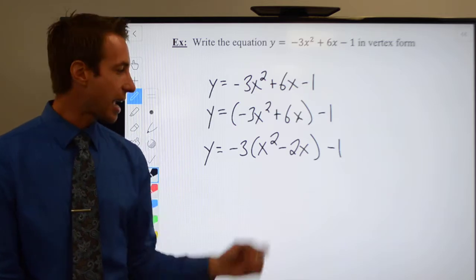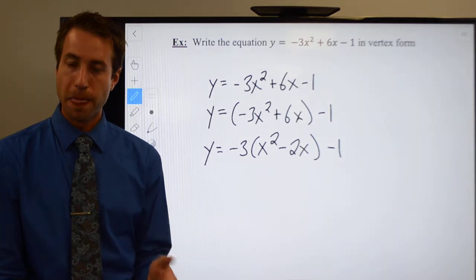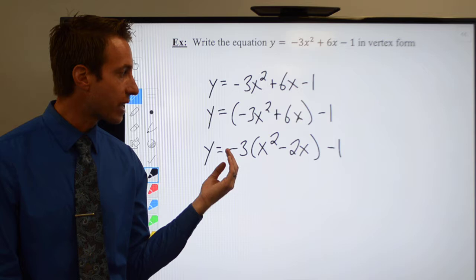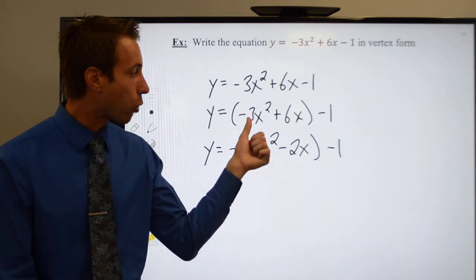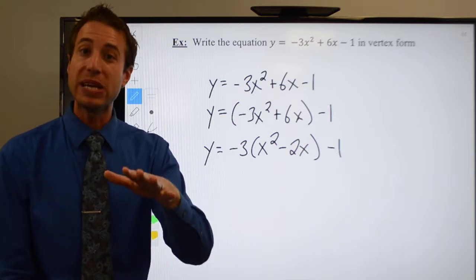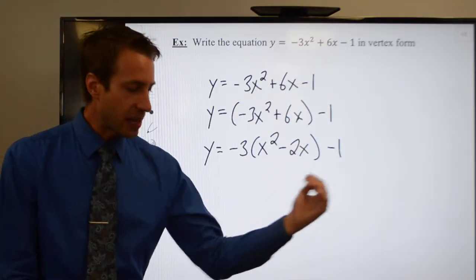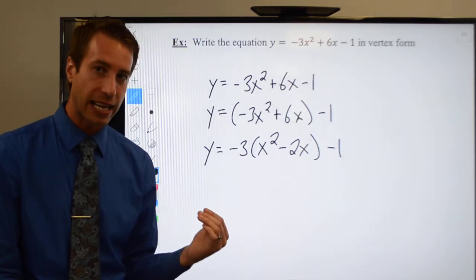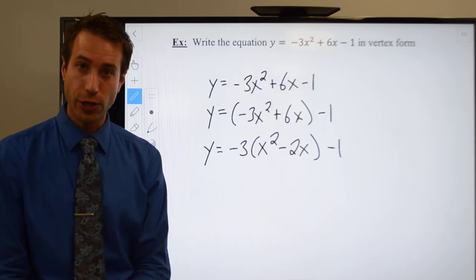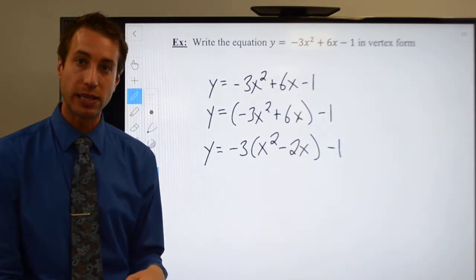Well, what I've now done is I have a leading coefficient of 1. But here's what's happened. I have pulled a negative 3 out of both my quadratic and my linear term, right? My b originally was a positive 6. But because I've factored out a negative 3, now my b is a negative 2. That is the b that I'm going to use to complete the square.